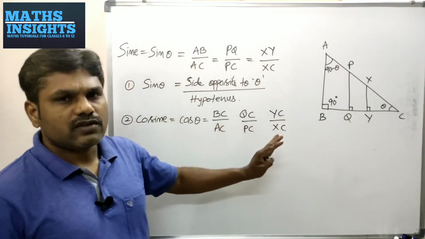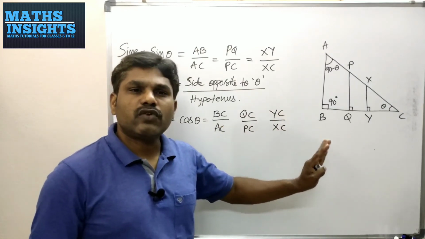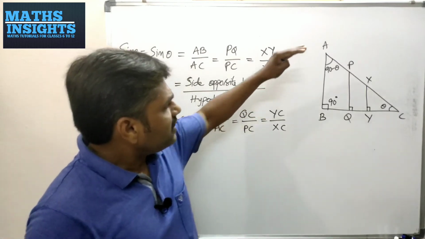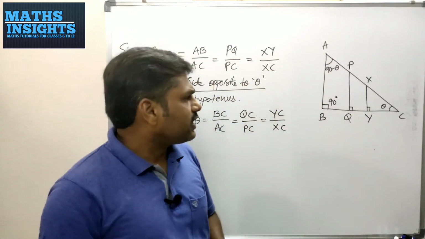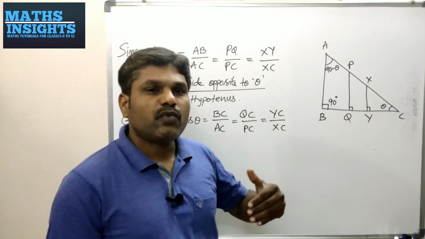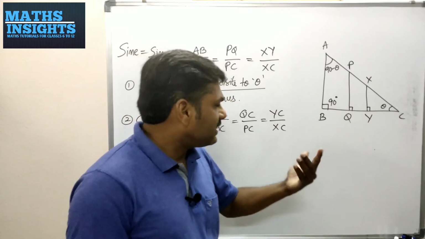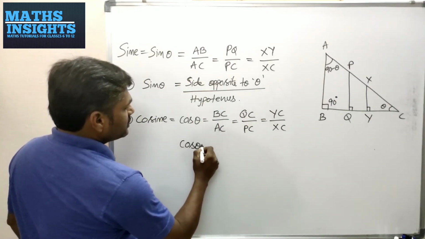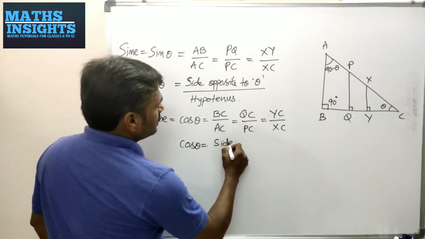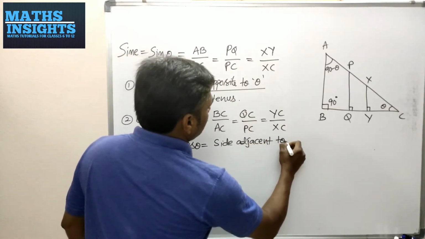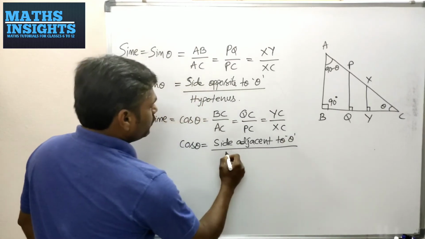All these ratios are equal to each other. Therefore in all these right angle triangles, the ratio of side adjacent to theta by hypotenuse is the same, and that is the definition of cos theta. Therefore cos theta is equal to the side adjacent to theta by hypotenuse.